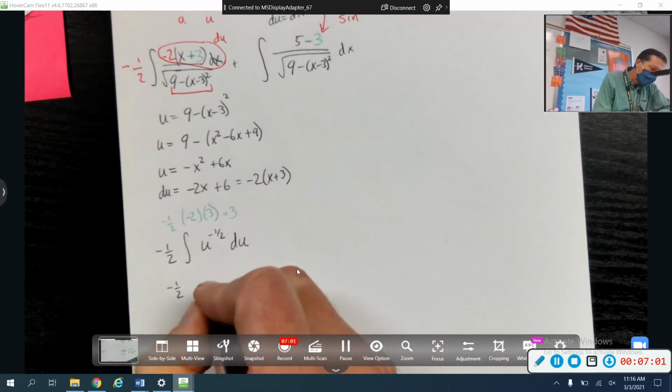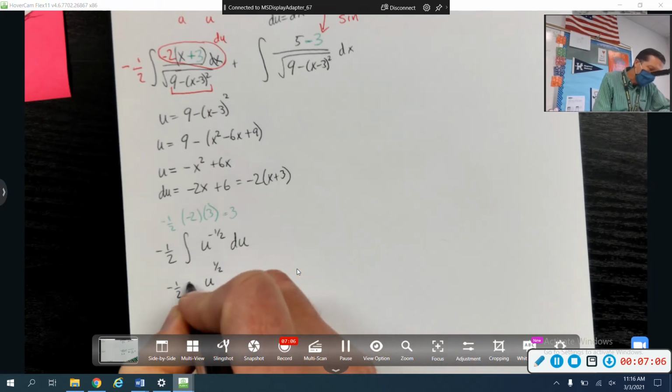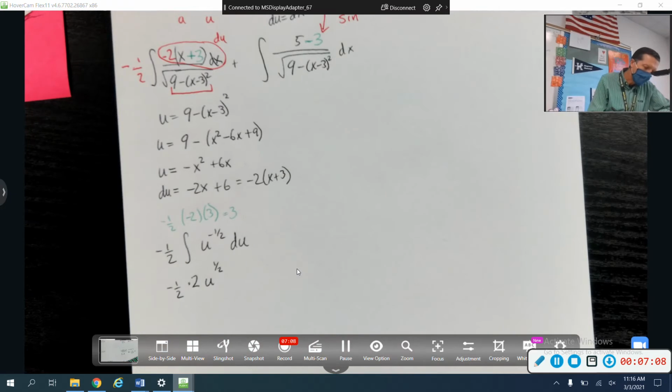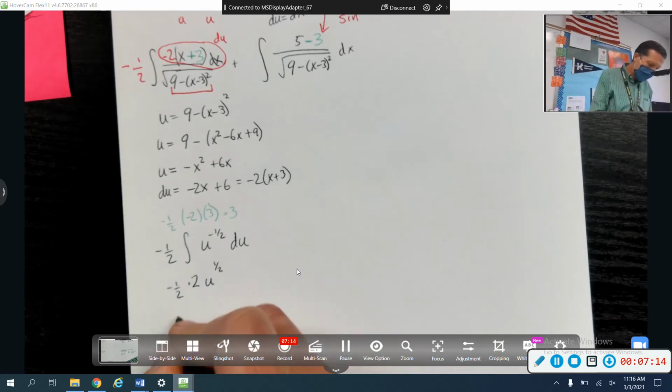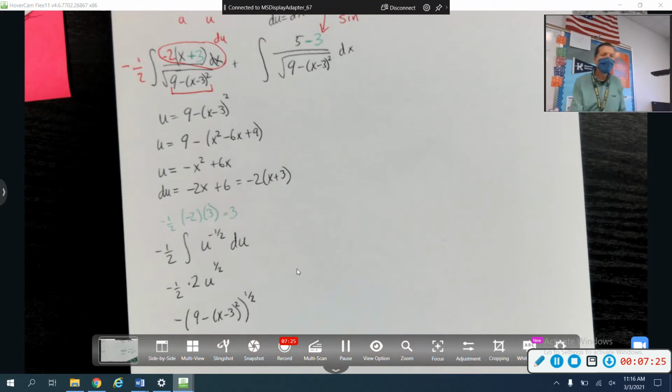So negative 1/2, increase the power by 1, divide by the new power, times 2, and then plus c, but I'll add plus c at the very end. So negative u was 9 minus x minus 3 squared to the 1/2.